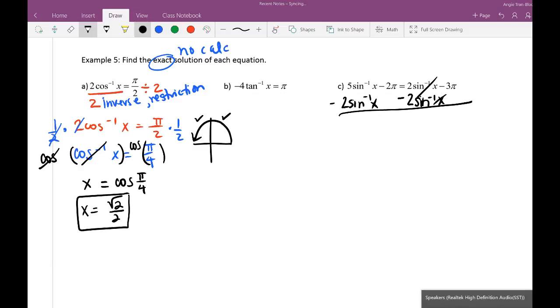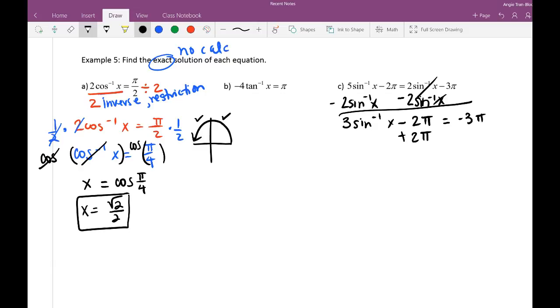So 5 sine inverse of x take away 2 sine inverse of x, you now have 3 sine inverse of x. Then I'm just going to bring everything else, which is minus 2 pi equal to negative 3 pi, down.